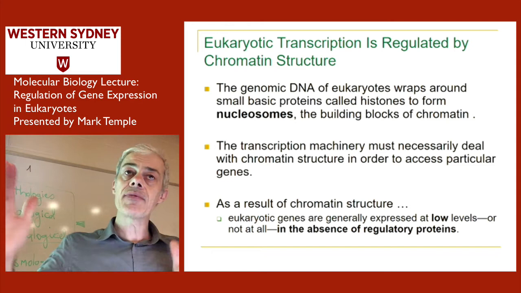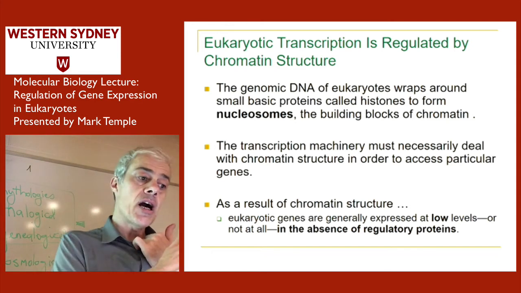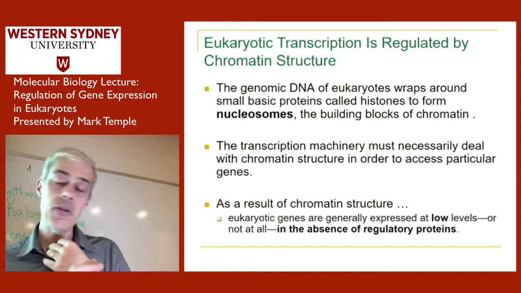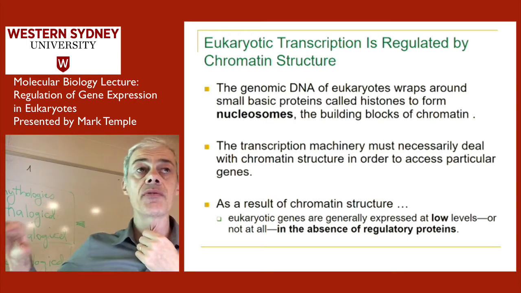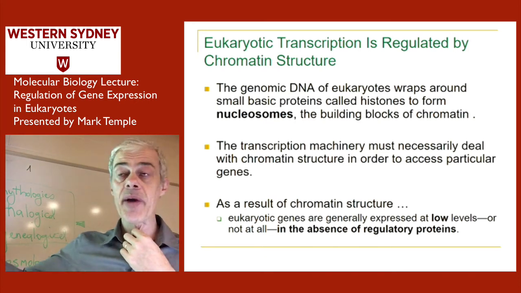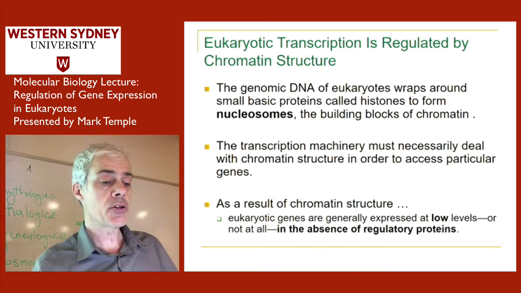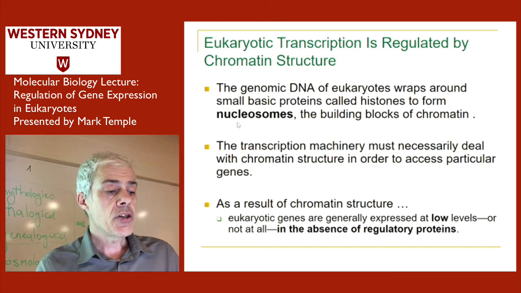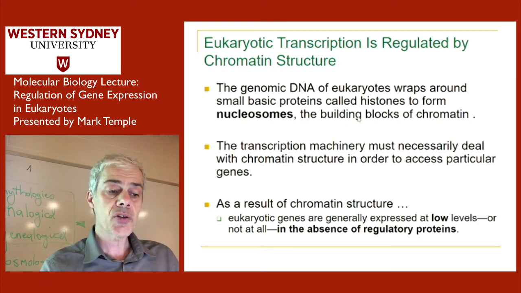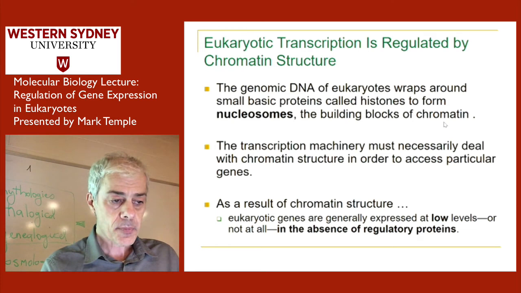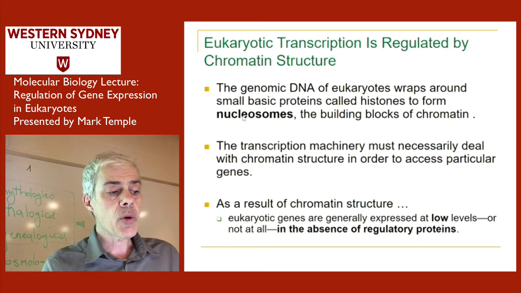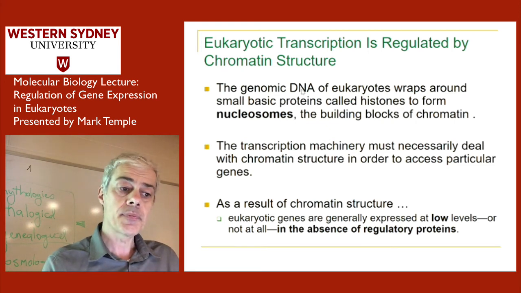There are various levels of packaging from nucleosomes, which are the first order of packaging, up through to chromosomes. Nucleosomes are said to be the building blocks of chromatin, and nucleosomes are a complex of histone proteins and DNA. I don't know if you've come across histones before.